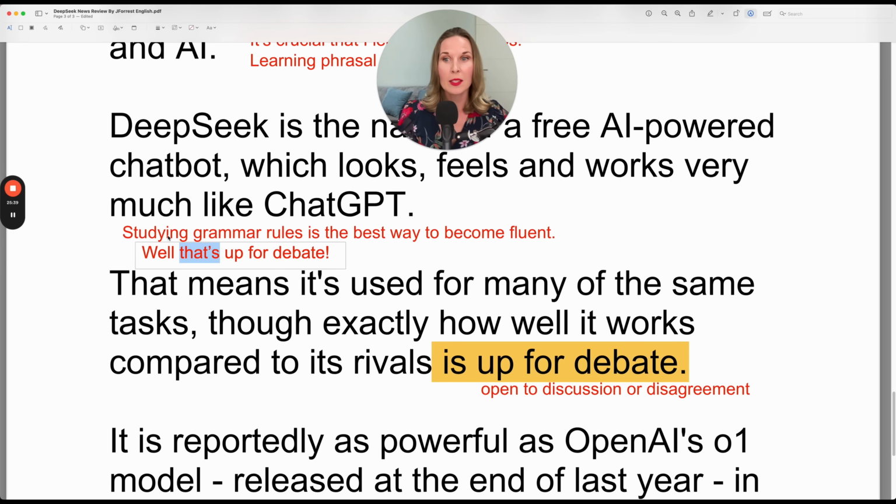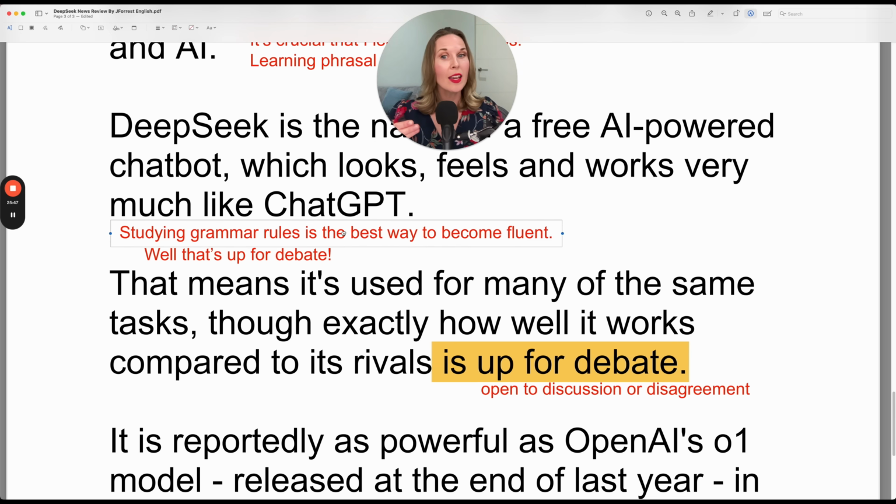So that being what the person just said. And then this is my verb to be. That is up for debate. So you're saying that not everybody agrees with this. So rather than just saying, I don't agree, you're making it sound like not everyone agrees. That's up for debate.